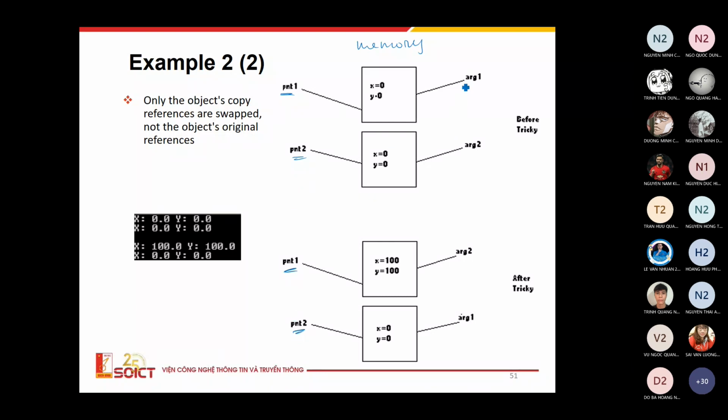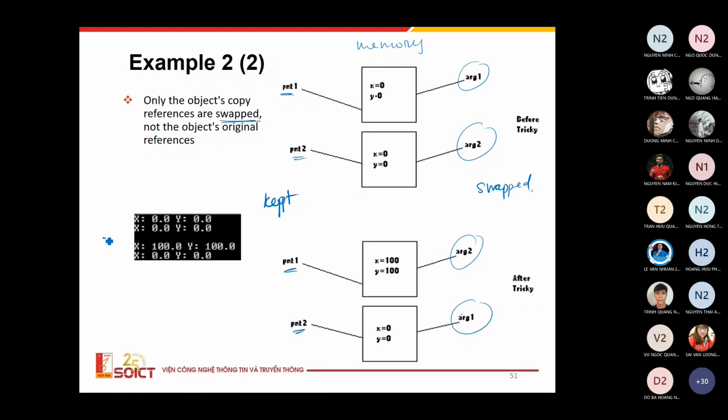So you just swap the reference in the local object. Here only the copies of the object references are swapped, not the original object references.